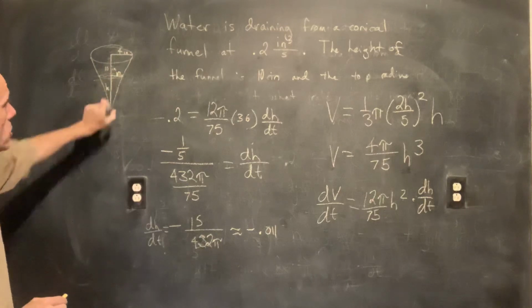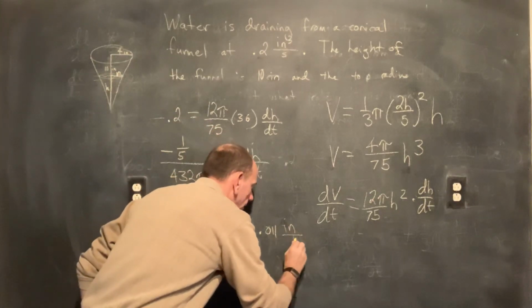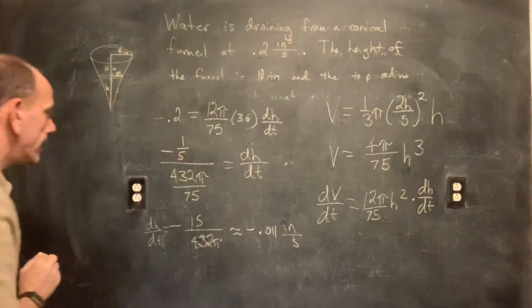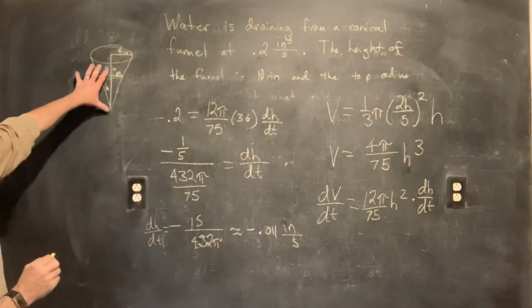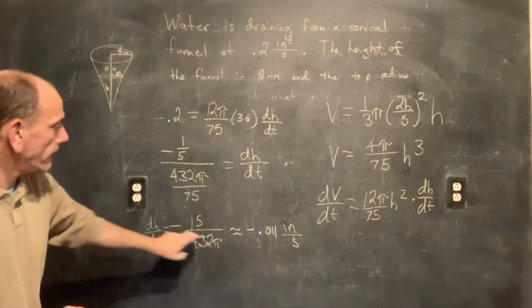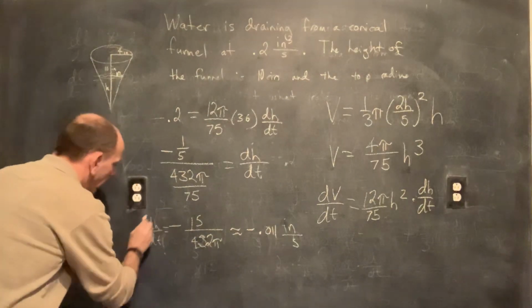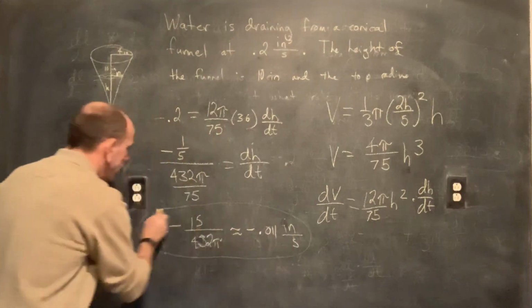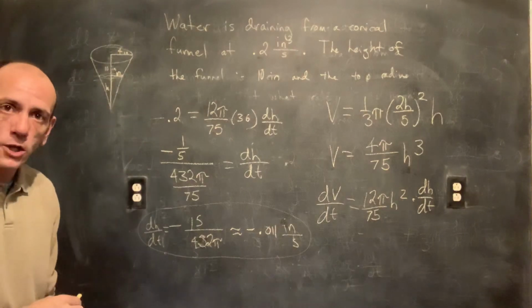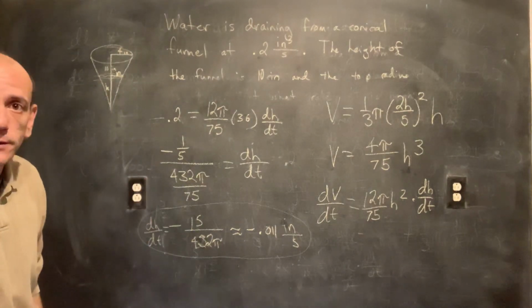That should be inches per second. And sanity check. As my volume is decreasing, my height should be decreasing. So the fact that that's negative, that's a good thing. So there we've done it. We found the rate at which the height is changing when the height was 6 inches.